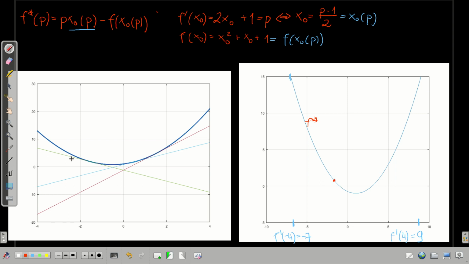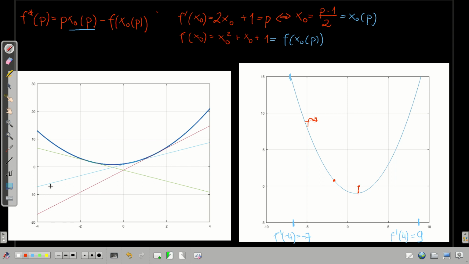And this slope has a y-intercept that is negative, but f star is the negative y-intercept of this tangent line. Therefore, f star of -2 has a positive value. So f star of 2 would be here, I think.